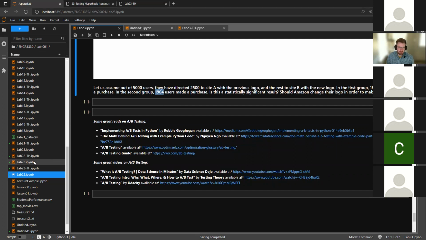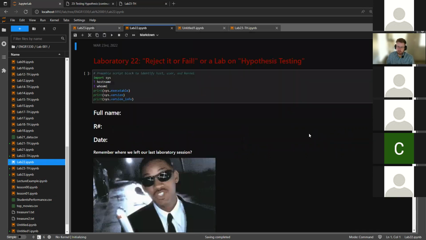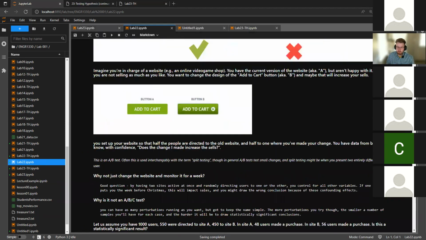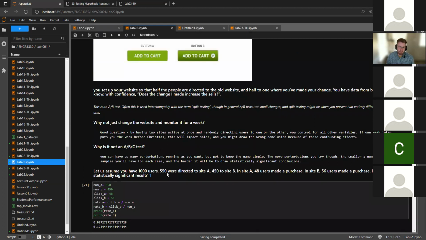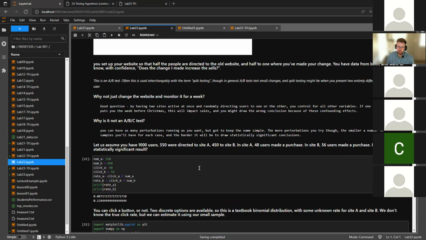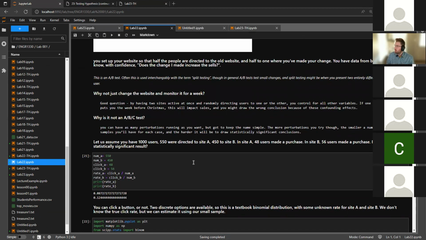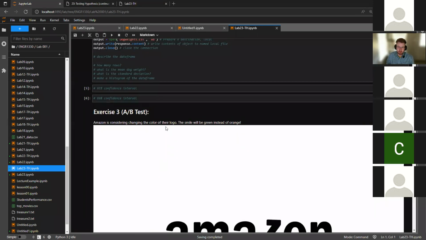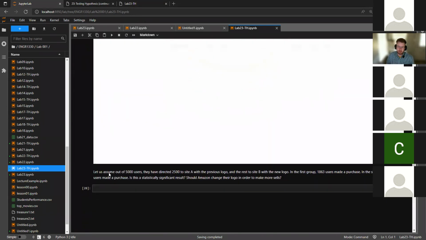Luckily, we already did one of these, right here. So everything we did for the first button and second button, we just need to do for Amazon. Since this is the one from the homework, the actual question, I'm not going to run the numbers because that would give everything away.